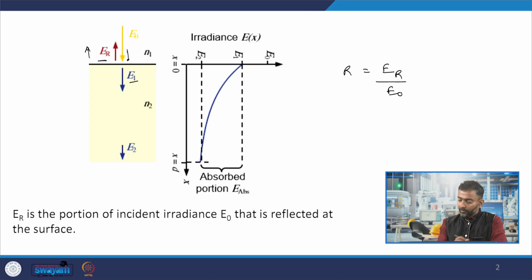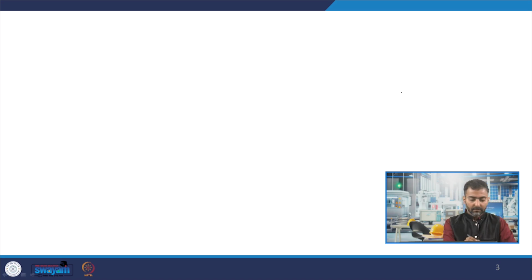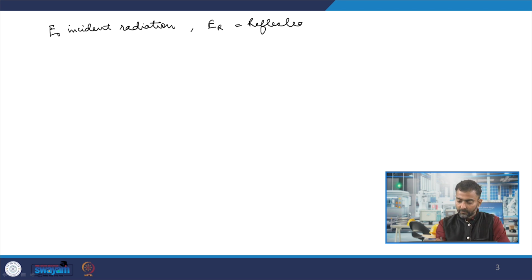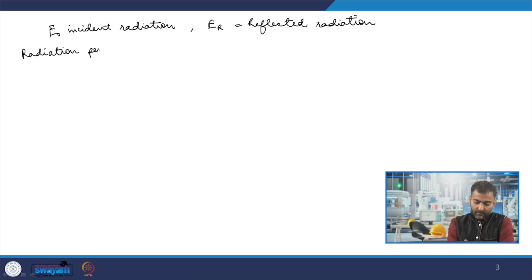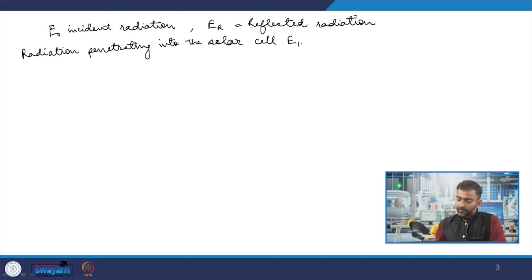Now if I want to do the mathematical formulation of the incident radiation and its balance inside the solar cell, E naught was the incident radiation, ER is the reflected radiation, and therefore the portion of radiation which is penetrating into the solar cell, I am indicating by the symbol E1, and that E1 is nothing but (1 minus R) times E naught.